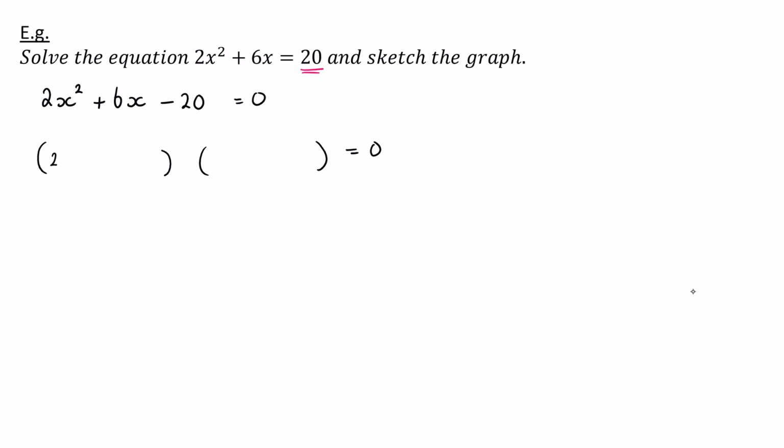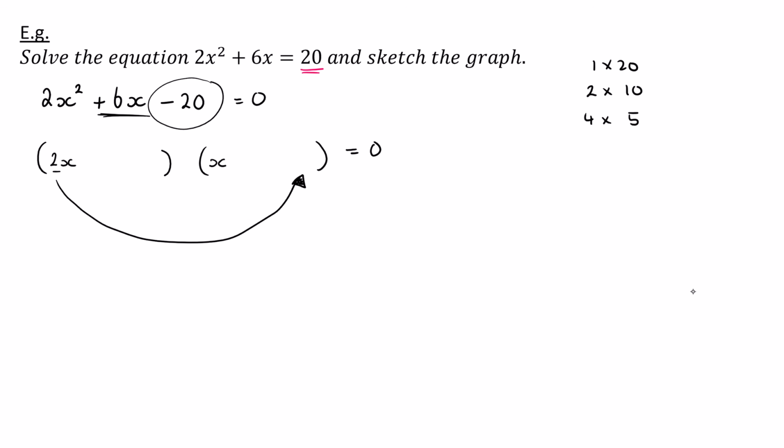So I've got 2x and x, for 20 factors of 20: 1 times 20, 2 times 10, 4 times 5, and one of them is going to be a negative, and one of them is going to be multiplied by 2. So the one I put here is going to be multiplied by the 2x. It's going to double, and I want to get a 6. So let's have a look.